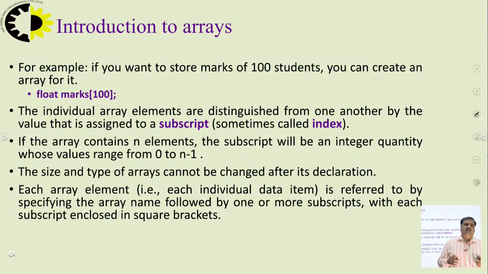Like the example which we were discussing earlier, I want to store the marks of students. So, here the type of marks will be float. Float means a number having some decimal value also. So, float will become the type of marks.